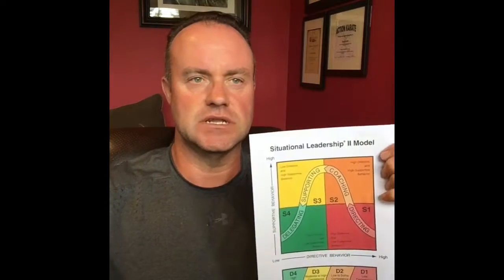D3 is moderate to high competence, variable commitment. They call them, interestingly, the reluctant contributor. And then D4 is what they call the peak performer. That's high competence, high commitment. You'll see these outlined, as I said, in the lower part of the diagram. It doesn't really matter what they're called. I just find the terms really interesting, and that's what they are officially in the Situational Leadership 2 model.